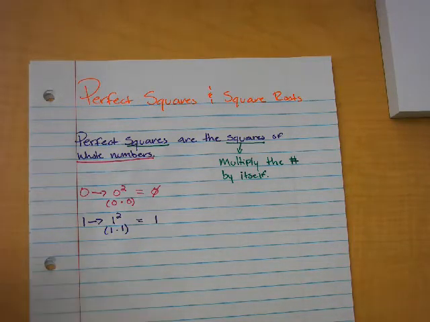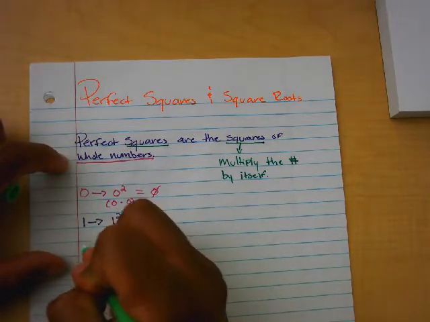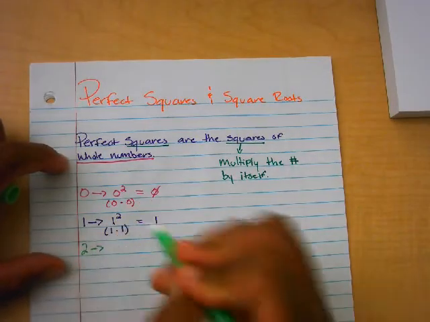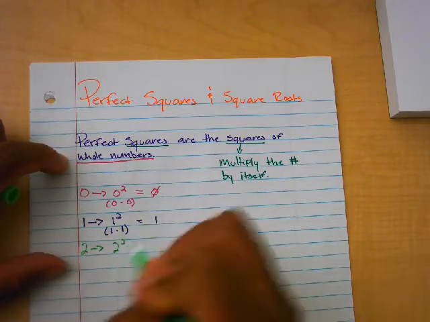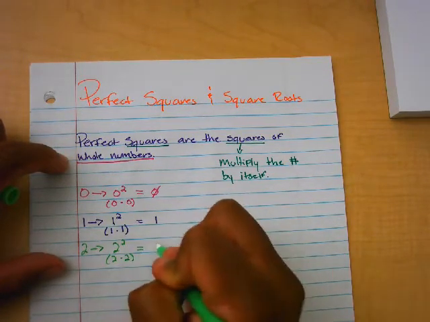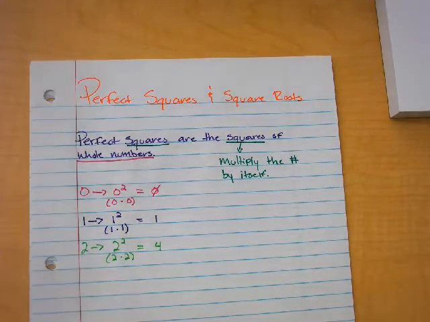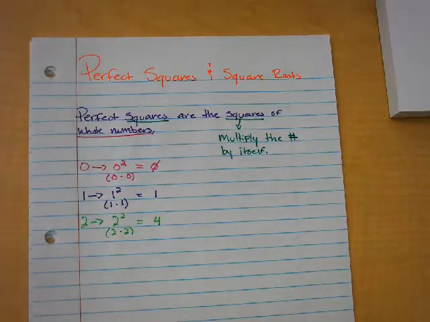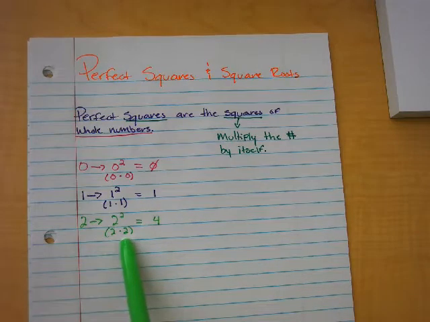If I said, hey, take 2. 2 is a whole number. What is 2 squared? Well, I would take 2 times 2, and that would give me 4. So 4 is a perfect square because 2 times 2 gives you 4.